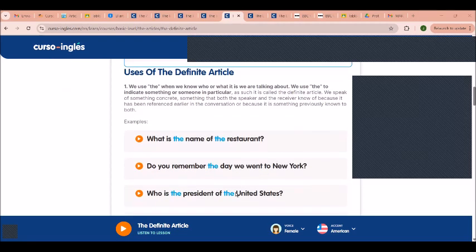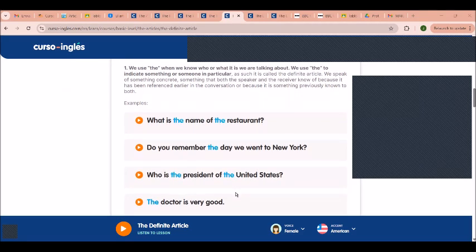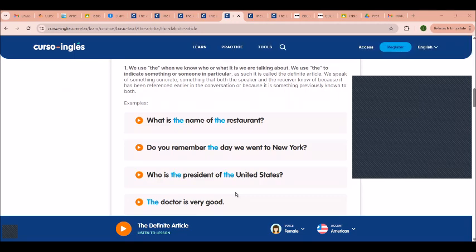Ada, use number one for definite articles. Yes, we use the when we know who or what we are talking about. We use the to indicate something or someone in particular.